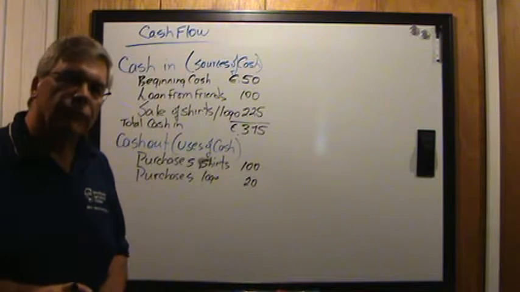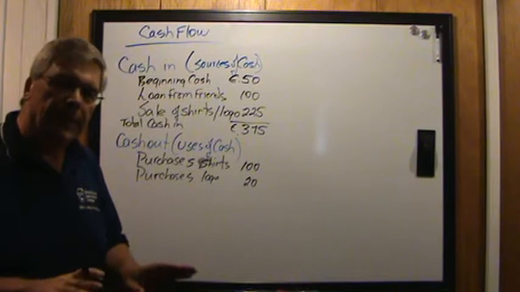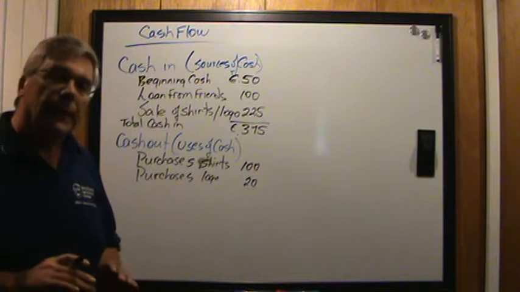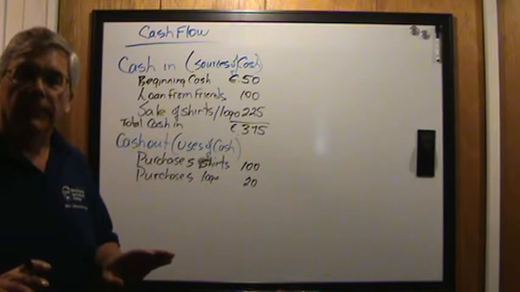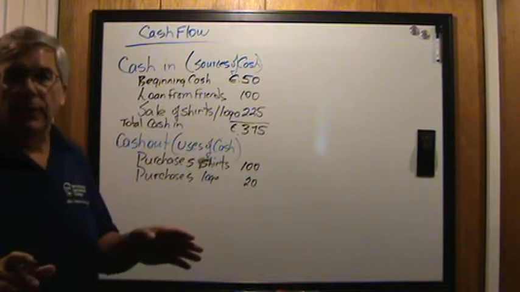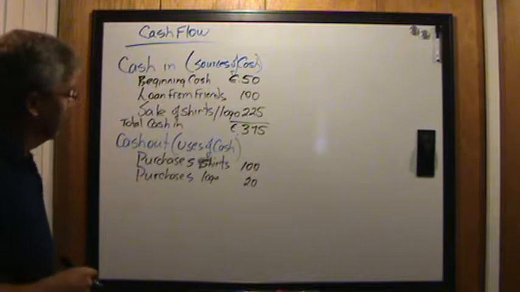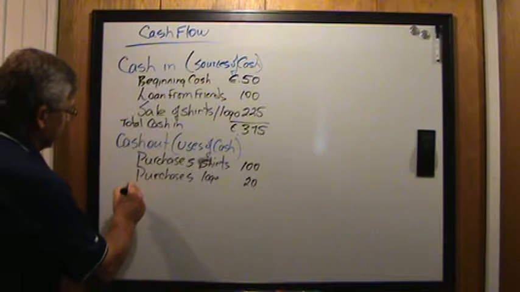We have no instructions that the loan was repaid at this stage, and we also have not made any withdrawals by the owners for their personal use. So we can now total cash out.